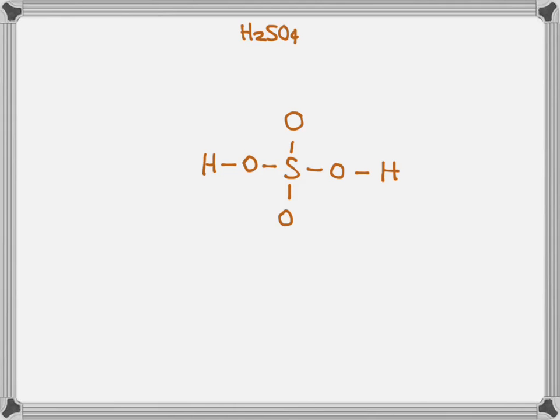Number of electrons, sulfur has 6. There's 4 oxygens, they each have 6. And there's 2 hydrogens, they each have 1. So 5 times 6 is 30, 32, right?